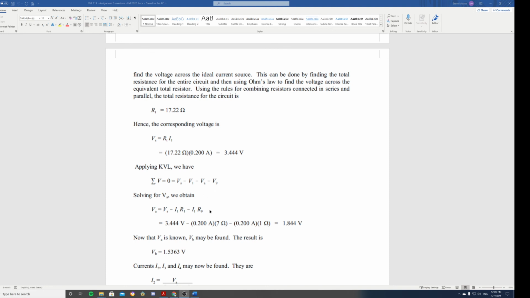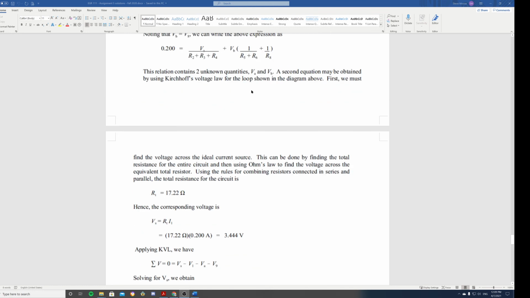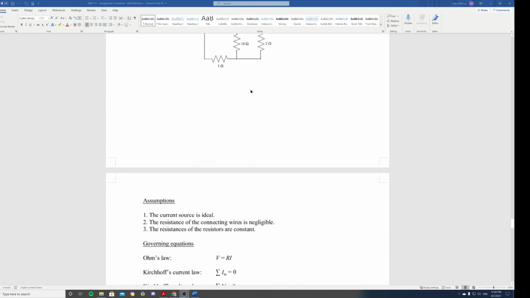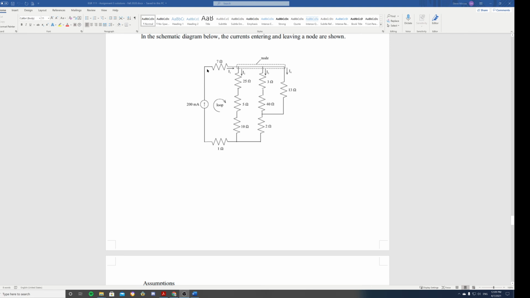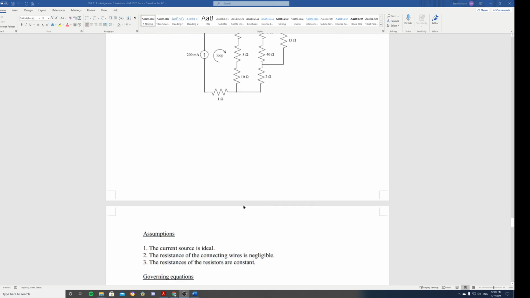And the same thing with the 1 ohm resistor. It's going to be the current going through it times that resistance, okay? Because what we already said previously was that whatever current is going through here, since this is in series, is the same. So we already know what this is, 200 milliamperes. And like I said before, this one also is 200 milliamperes. So really, we just have current going through these three, which is just this I2 that we can solve for.